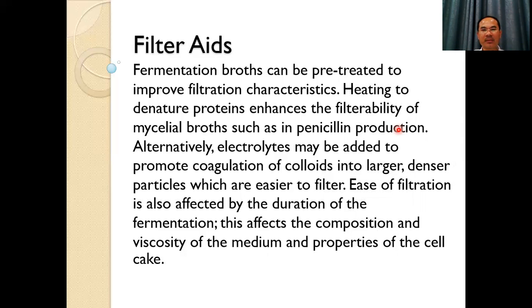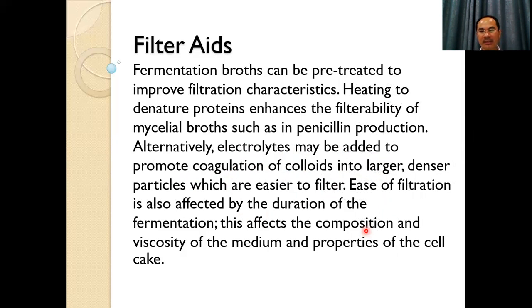The fermentation process may be preceded by steps that improve filtration characteristics. Maybe we heat to denature protein to enhance the filterability of mycelial growth, such as in penicillin production. Alternatively, electrolytes may be added to promote coagulation of colloids into larger particles.